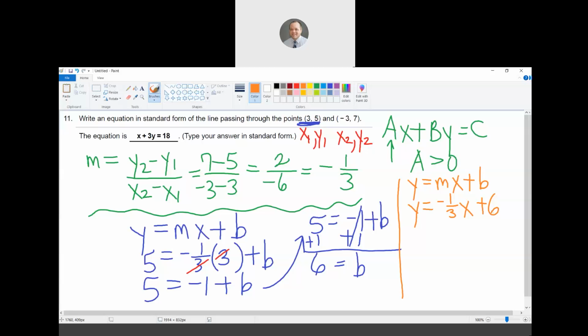Let's get rid of the fraction first by multiplying each part of our equation by 3. So that leaves us with 3y equal to, in the middle, the 3's cancel, leaving us with negative 1x plus 18.